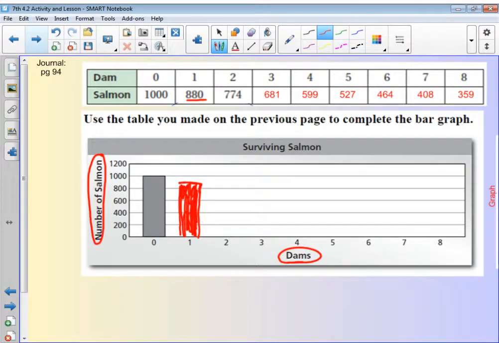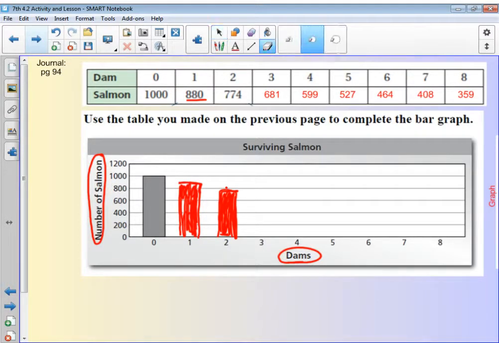Now we'll go over to dam number 2. We had 774, so that's a little under 800. This is our 800 line, so we'll go a little under that and create our bar. Remember, each of those spaces is worth 200.